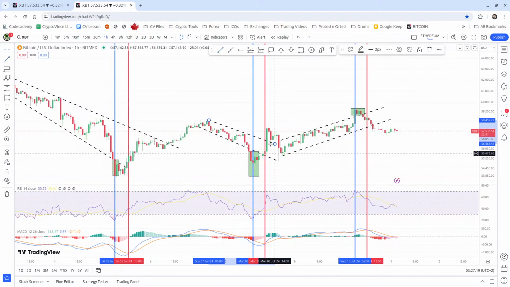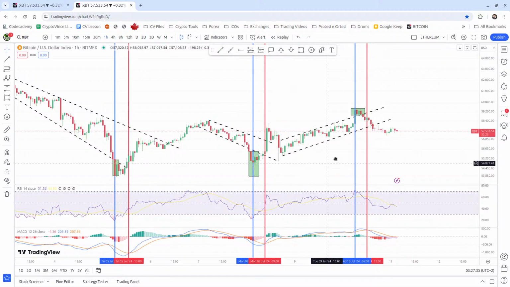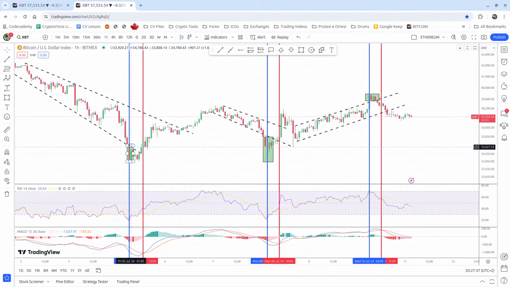Let's see here where we would have entered. In this case, we would have entered here very late. We would have made nothing there. While if we follow the strategy, we would have entered here, or we would have entered here. You guys might be saying, well, how do we do if we break and we keep dropping?